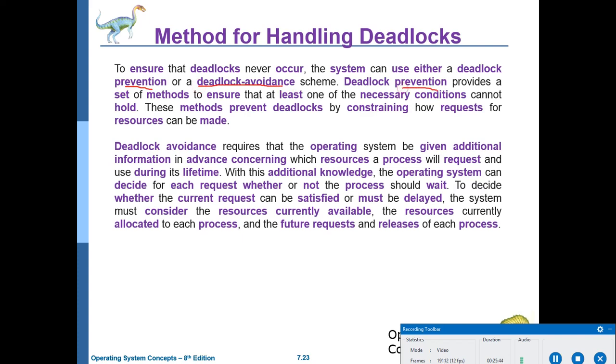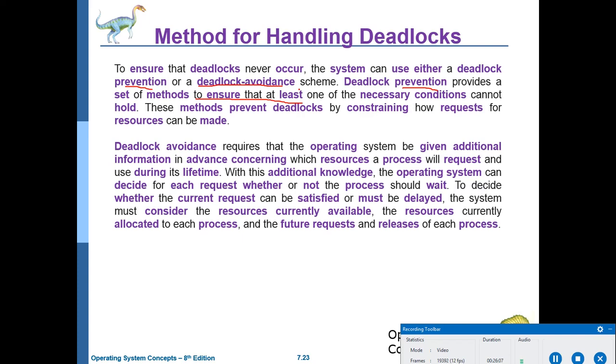Deadlock prevention means providing a set of methods to ensure that at least one of the four necessary conditions is false at a time. So one of the four necessary conditions cannot hold. The four necessary conditions are mutual exclusion, hold and wait, no preemption, and circular wait.